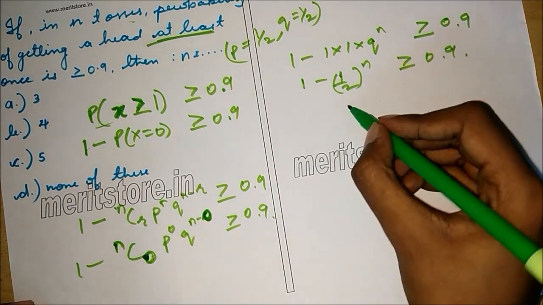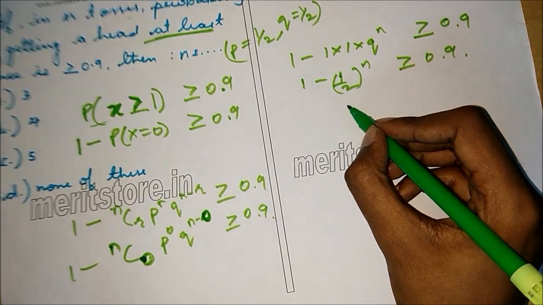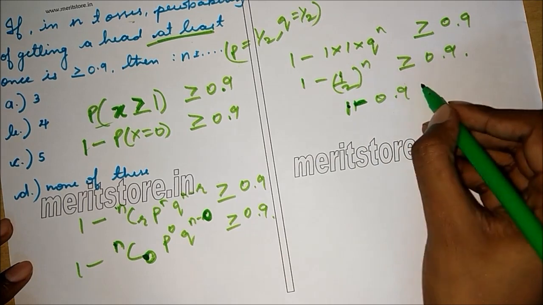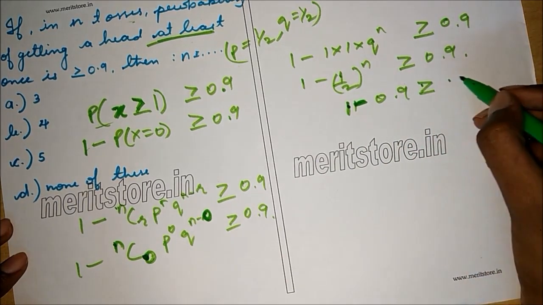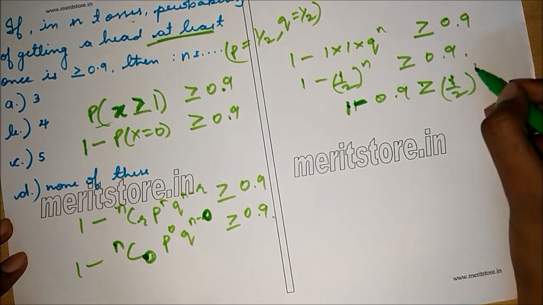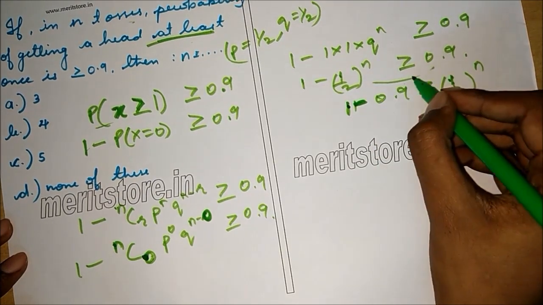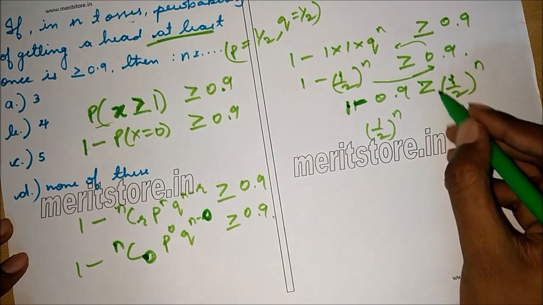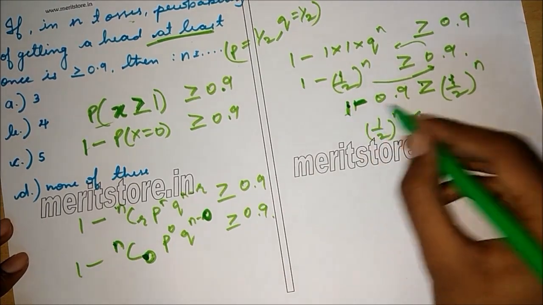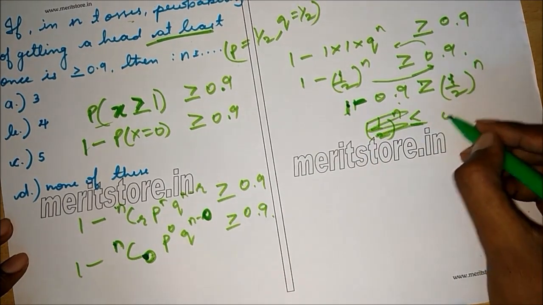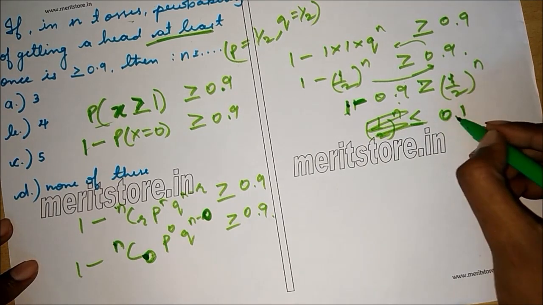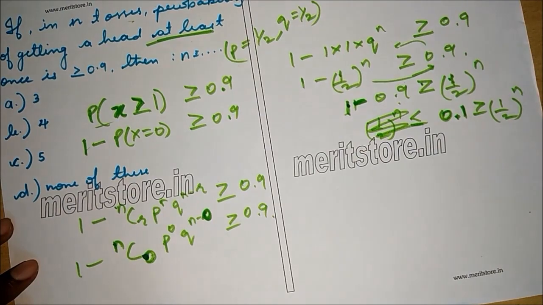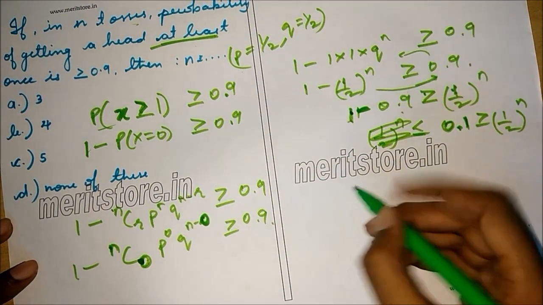So adjusting the terms, we can say 1 minus 0.9 is greater than or equal to half raised to n, bringing this term to the RHS and this to the LHS. So half raised to n will be less than or equal to 1 minus 0.9, which is 0.1. So 0.1 is greater than or equal to half raised to n.